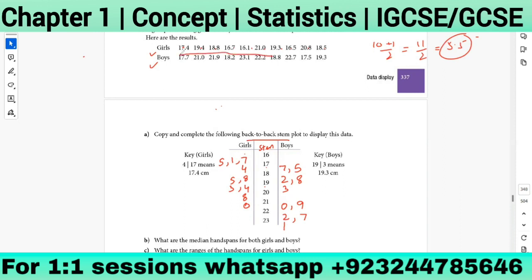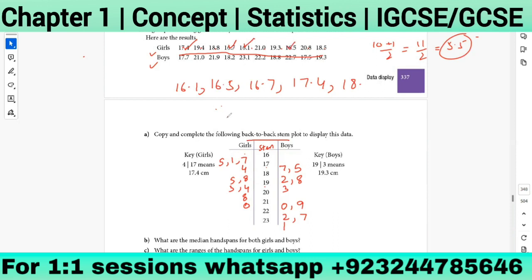So arrange the data first. It should be 16.1, 16.5, 16.7, then 17.4. Miss, can't I do this in the table?